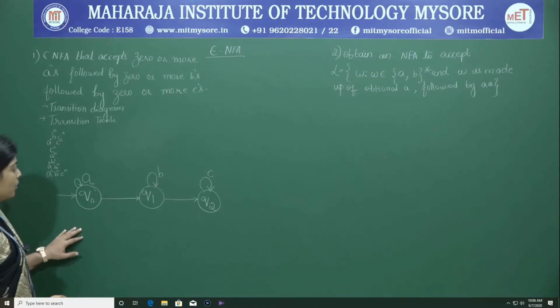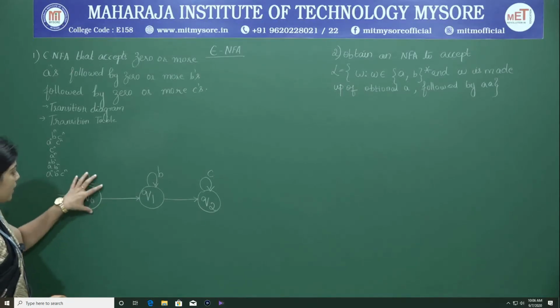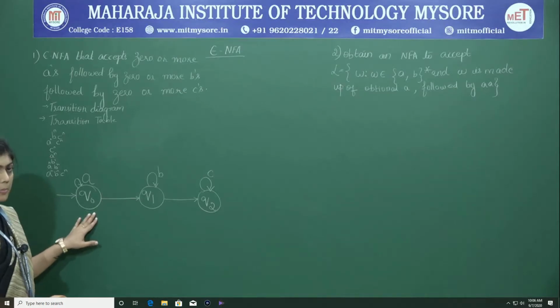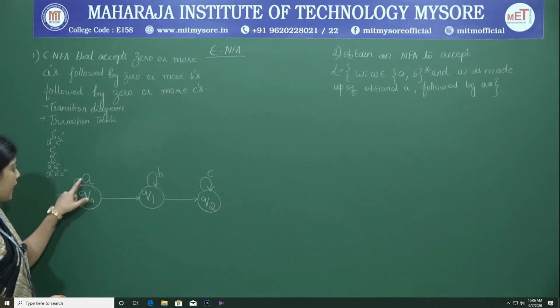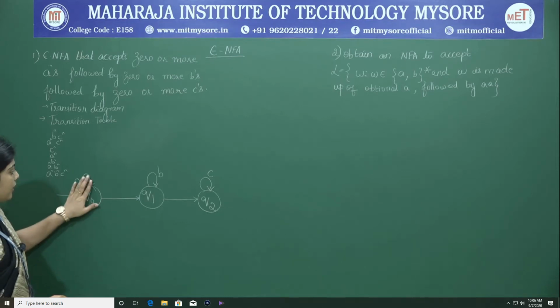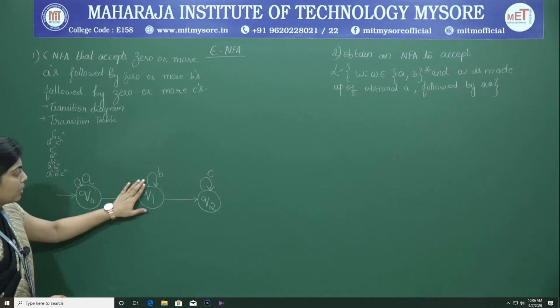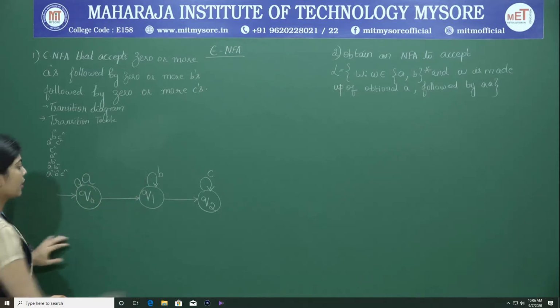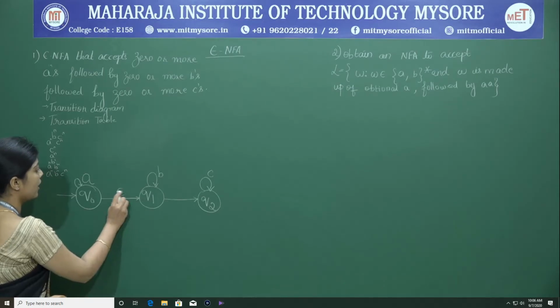Now, since the A part could be an optional part, it is not necessary that we accept any symbol at Q naught at all. Anything that is accepted at Q naught should be omitted and we should be able to move directly to Q1. Therefore, we give a transition on epsilon.